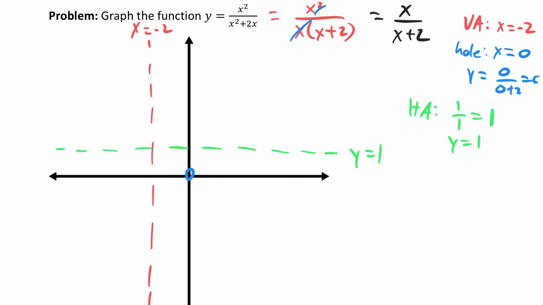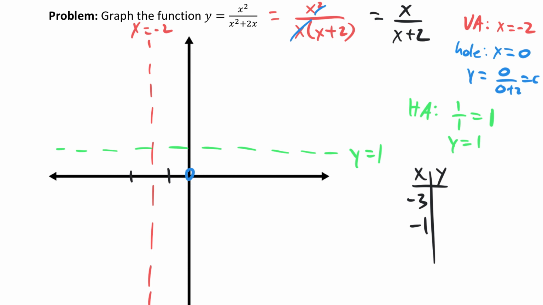And then we definitely need some points on either side of that vertical asymptote. So let's go ahead and make a little table, x and y. Let's do -1 and -3. Now again, you can use the simplified version, you can use the original version, it doesn't really matter.